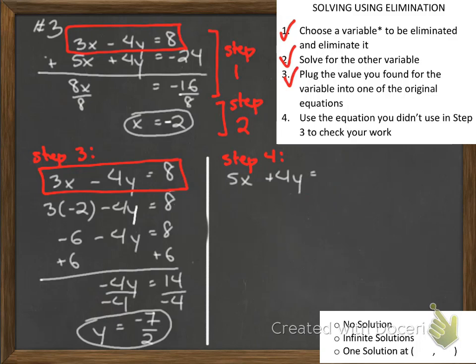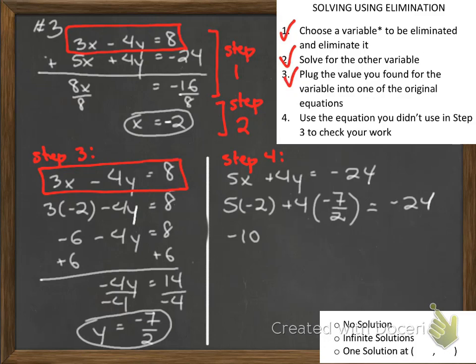Okay, so 5x plus 4y equals negative 24. This time I'm going to put negative 2 in place of x, and negative 7 halves in place of y. So let's see. 5 times negative 2 is negative 10. 4 times negative 7 halves is negative 14.